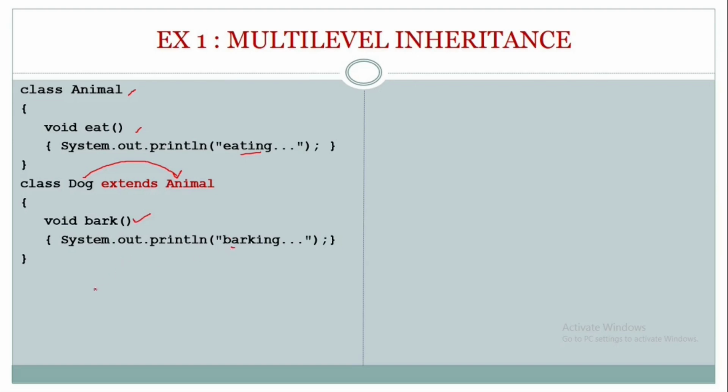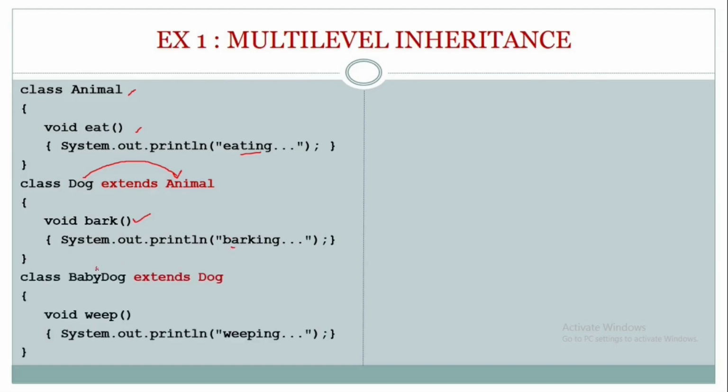Now I'll be creating one more class called baby dog, which extends dog. So as you can see here, this baby dog will be inheriting the features of dog. The baby dog will have a method called weep that prints weeping.